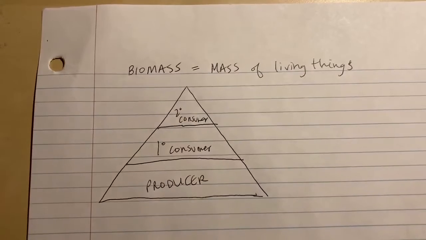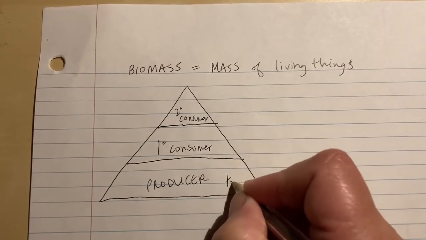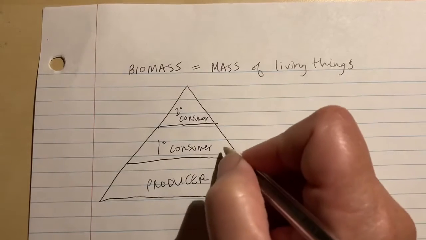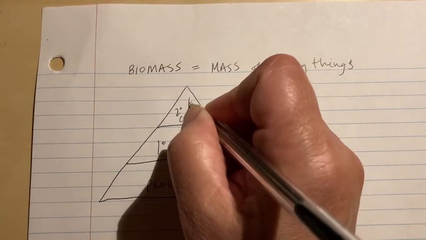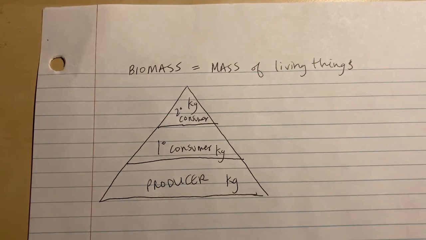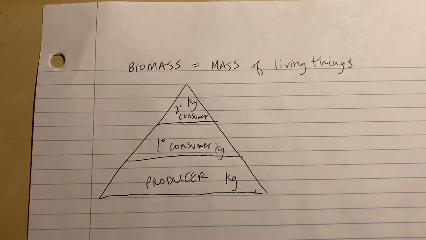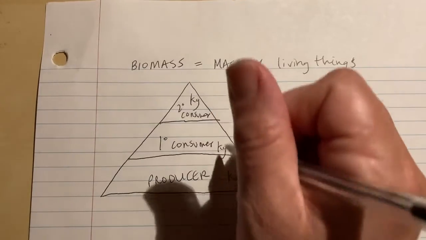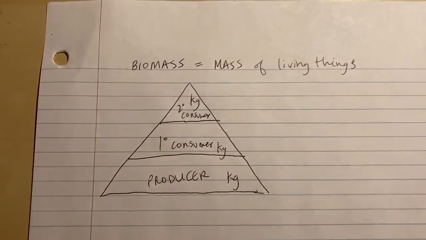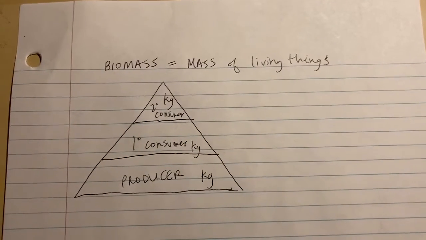So if we were to look here at kilograms, then we would have way more kilograms here at the bottom than we would here at the top. You're not necessarily going to get the perfect little 10% rule numbers, but it's going to be around the same, around the 10% rule, because it takes a certain amount of energy to build and maintain a certain amount of biomass.